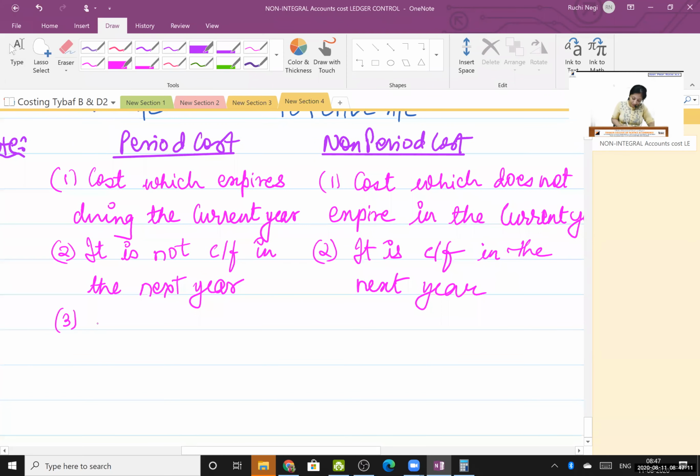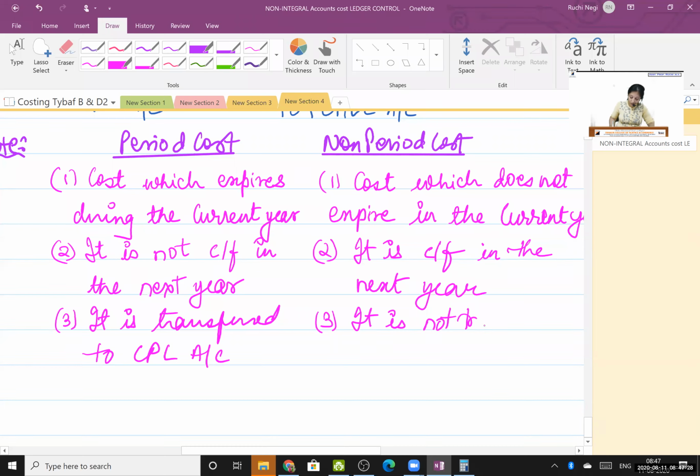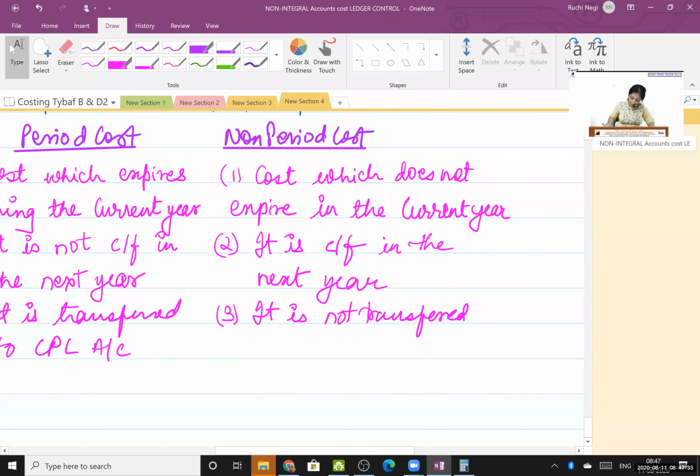Next, it is transferred to costing P&L account, and here again it is not transferred to costing P&L account.